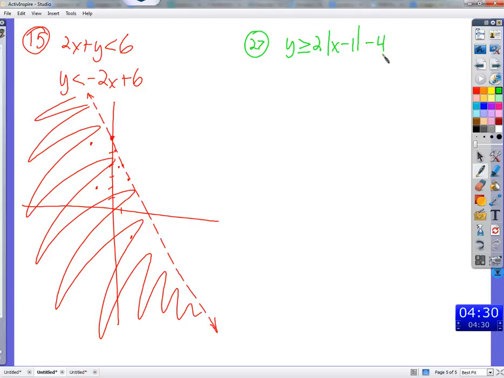Well, y can be equal to this thing, and so what they have is the same graphs that we had been making in 2.7, an absolute value graph. We know it's going to be this V shape, but it's not going to be just the absolute value of x. It's not going to be this nice 45-degree angle V. It's going to be different. How's it going to be different? It's going to move places and transform, and the shape is going to be a little bit different. So how do we graph that absolute value?